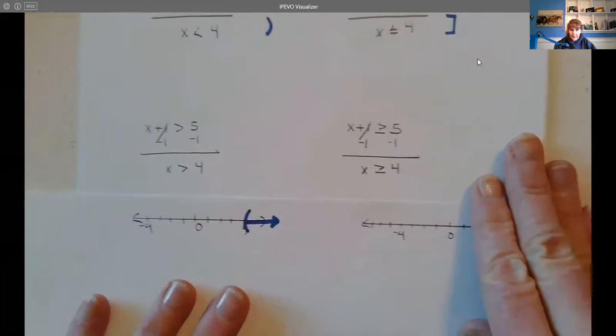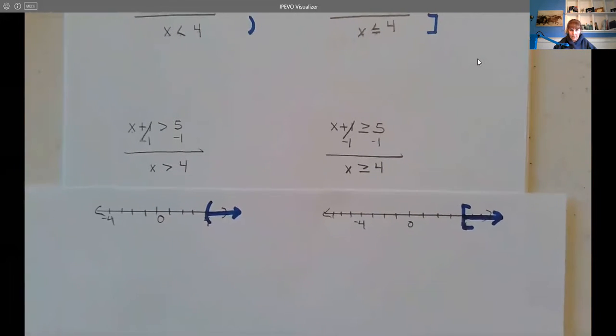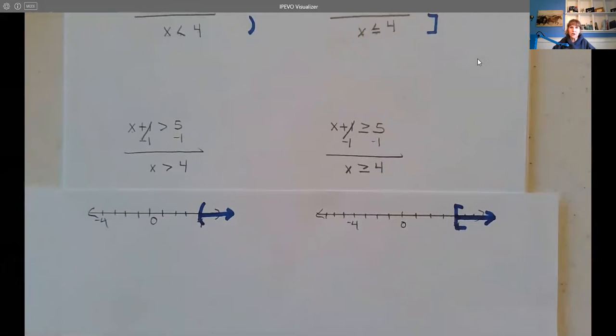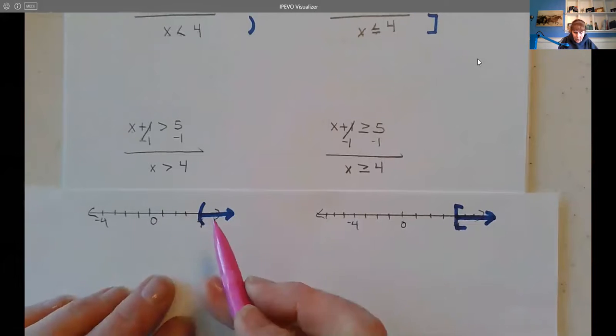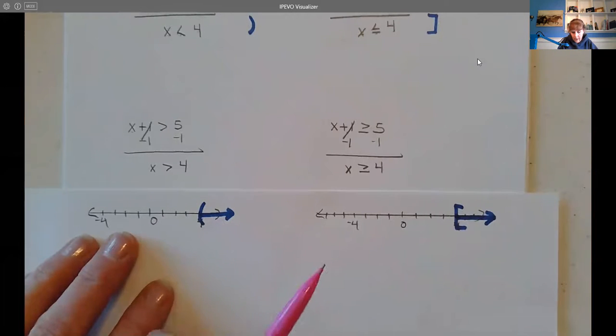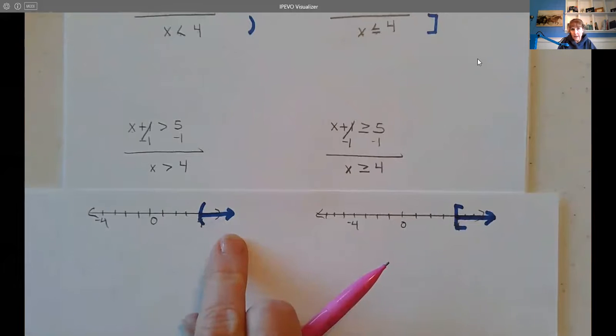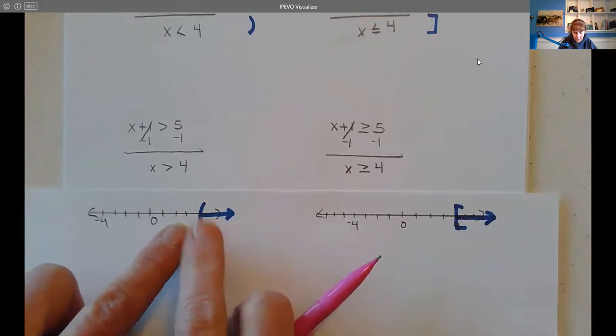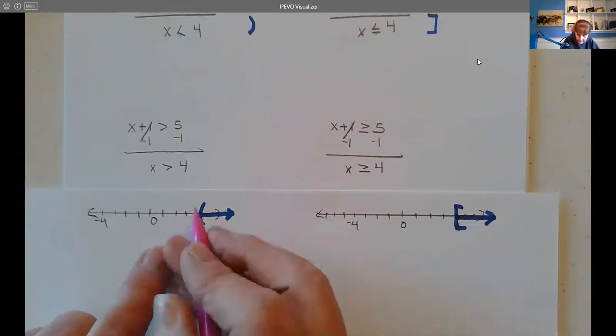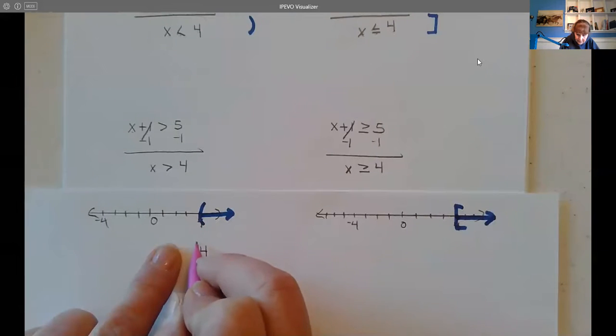How do we write the interval notation solution? Well, here you always go to where you're starting. On the other ones, we were starting at a negative infinity. And here we're going to start, our furthest to the left is the 4. And it's a parenthesis, so that will match.